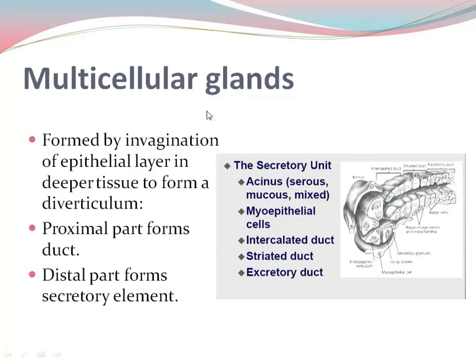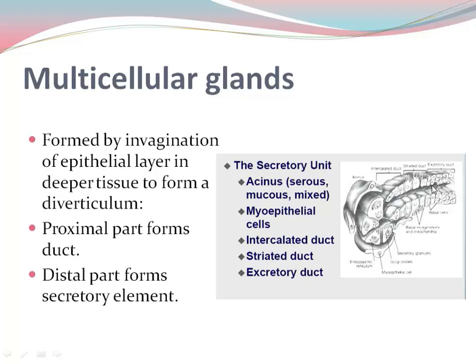They form by the invagination of the epithelial layer into deeper tissues to form a diverticulum, where the secretion is stored and poured outside. The proximal part forms the duct.